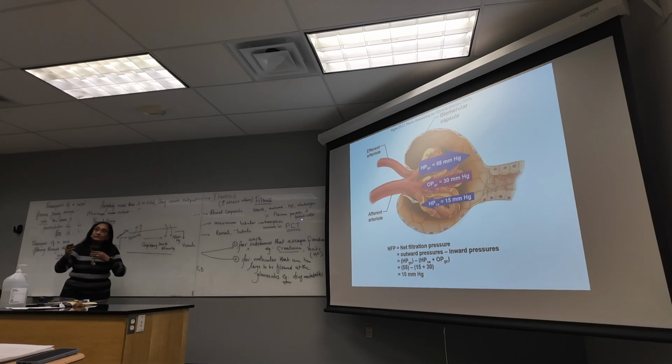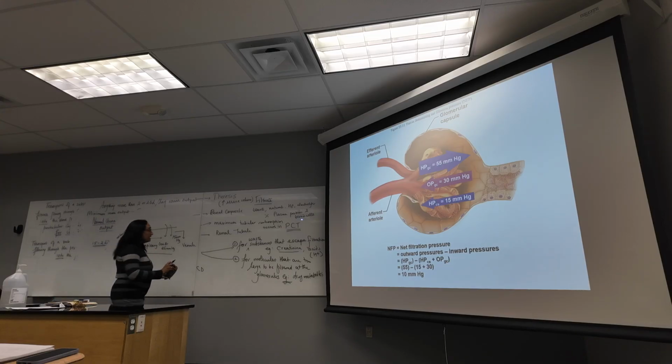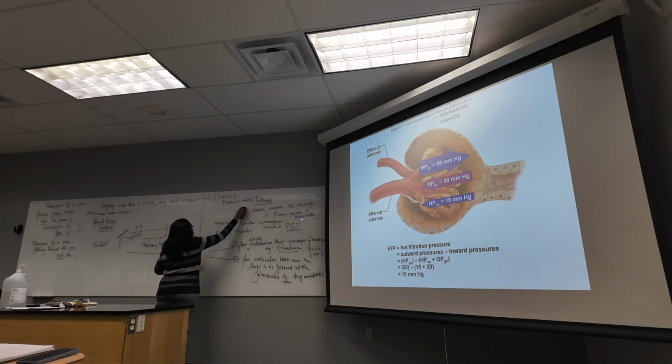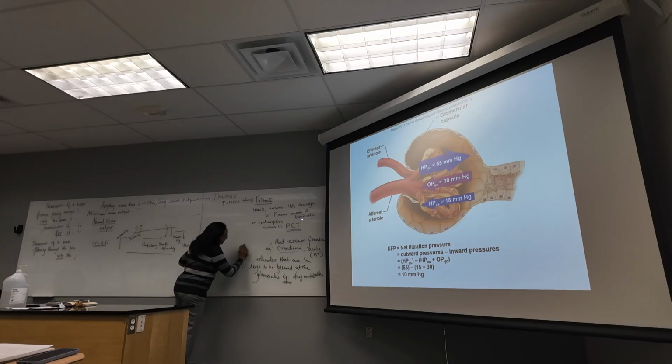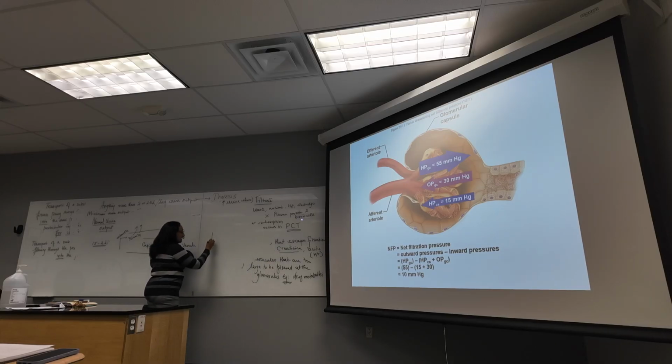So you call the capillary the exchange vessel. This is in the rest of the capillaries. Now in the glomerulus, this is where the difference is. So the cup is like that. This is the cup.